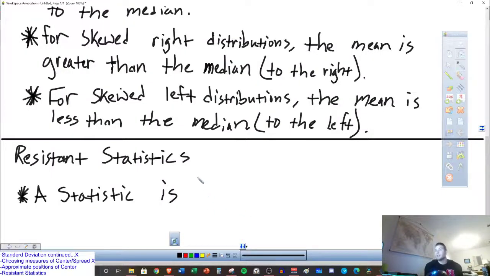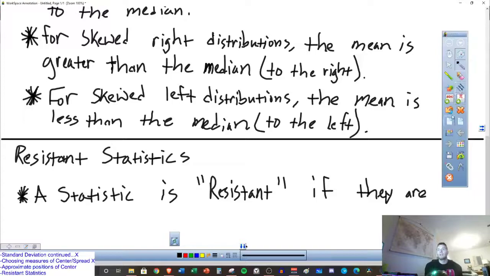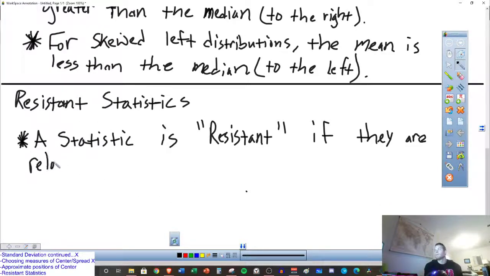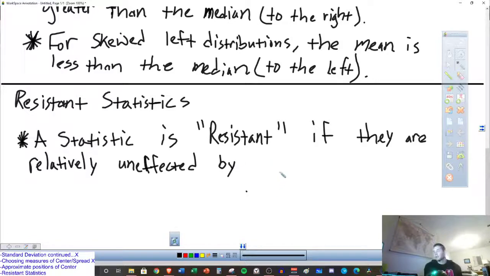A statistic is resistant if they are relatively unaffected by unusual or extreme values.